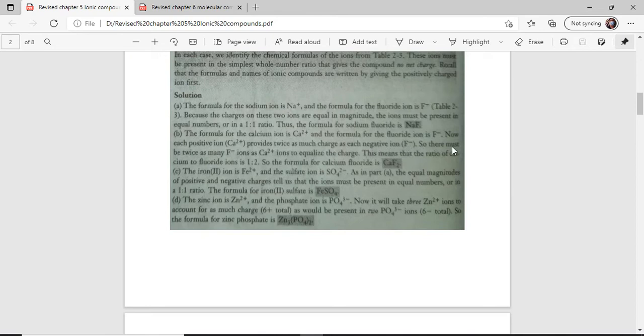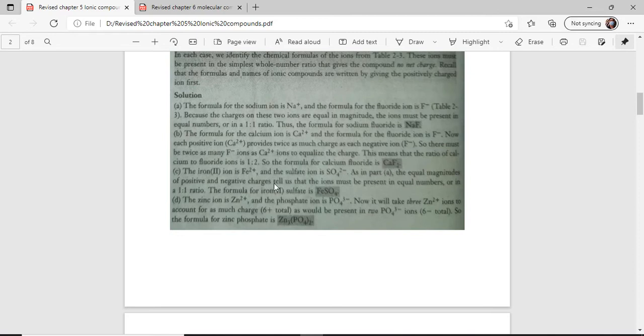So there must be twice as many fluoride ions as calcium. Therefore, para maging equal to 0, this means that the ratio of calcium to fluoride ion is 1 to 2. Giving you that if calcium is one, then you need 2 fluoride. Then the formula for your calcium fluoride is CaF2.